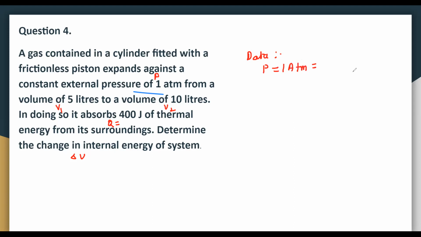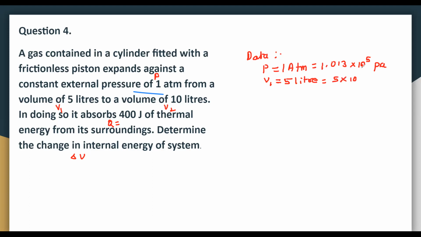Let's convert that 1 atmosphere into Pascal, and standard value is 1.013 into 10 raised to 5 Pascal. Then V1 is given, which is 5 liter. This also again we need to convert.